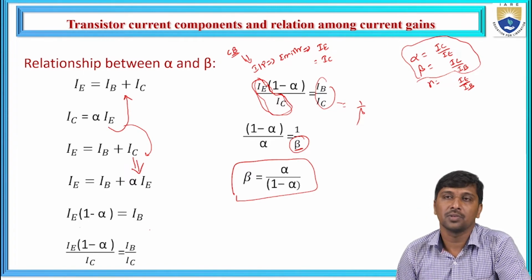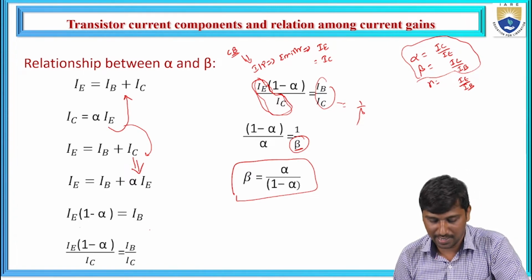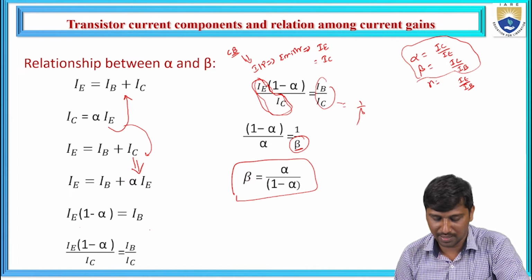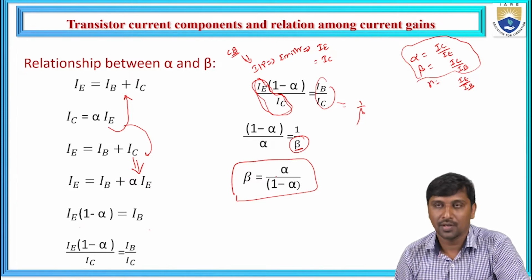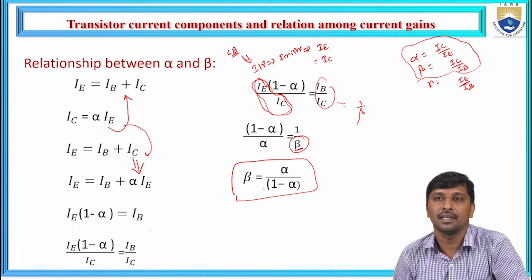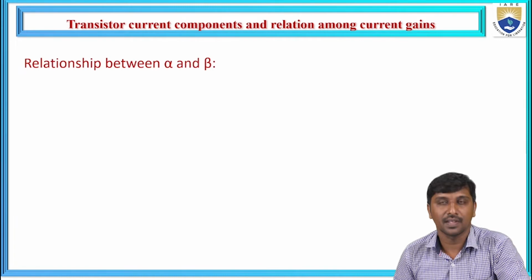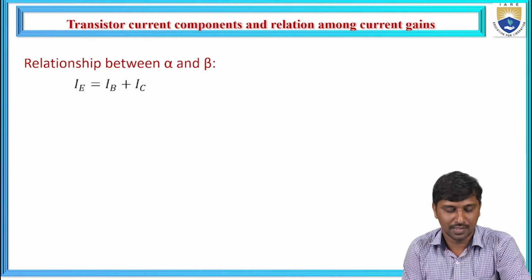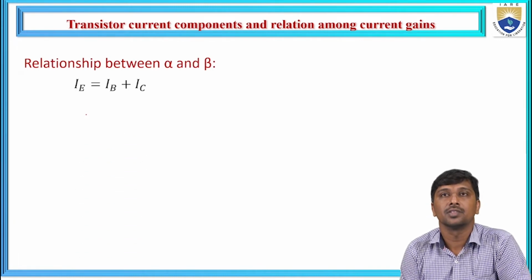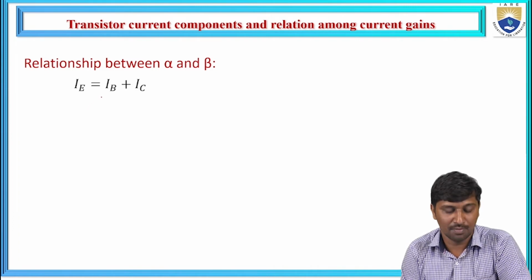Similarly, we can also write alpha in terms of beta. So this is the relation of beta in terms of alpha. Now we are going to write the relation of alpha in terms of beta. For this case, let us consider again the same current expression: IE is the summation of base current and collector current.